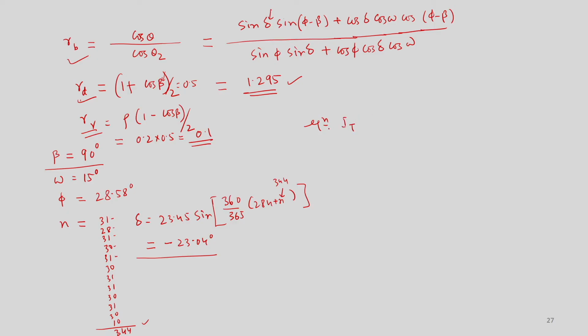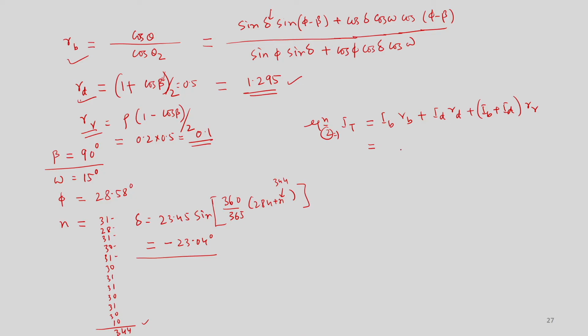From equation 1 and equation 2, IT is IB RB plus ID RD plus (IB plus ID) RR.